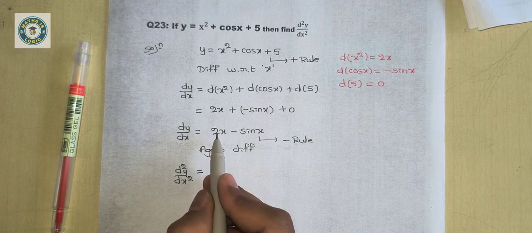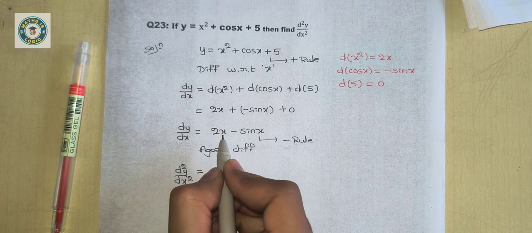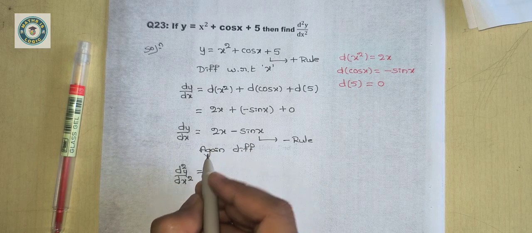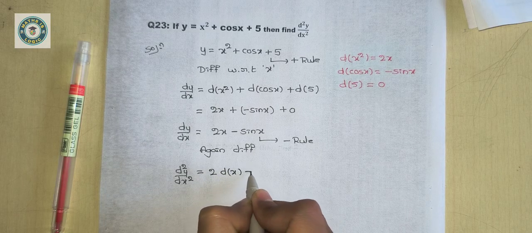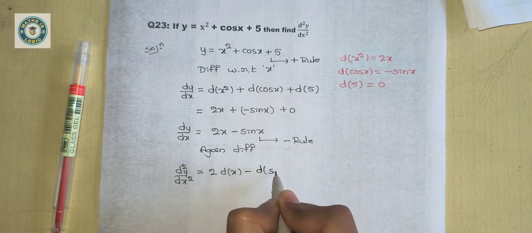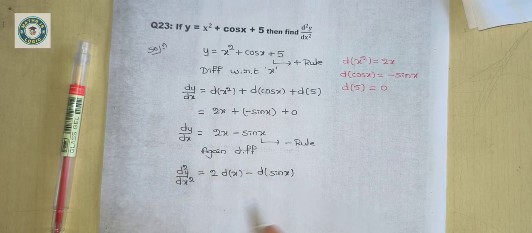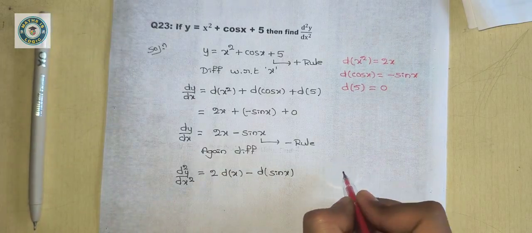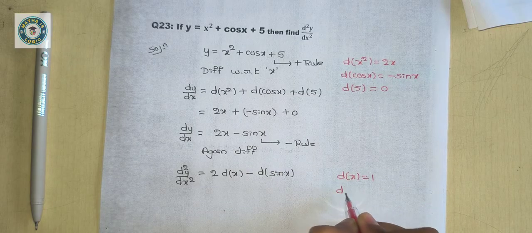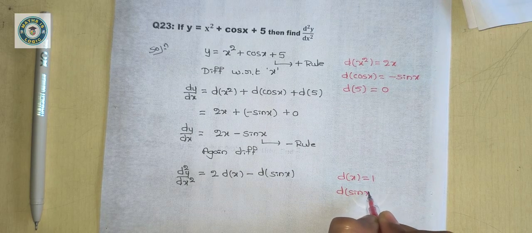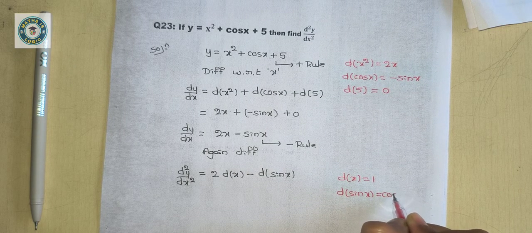Minus rule means both terms we need to differentiate. This is a number, so we take it outside. Differentiation of x minus differentiation of sin x. Again there is a formula: differentiation of x is 1 and differentiation of sin x is cos x.